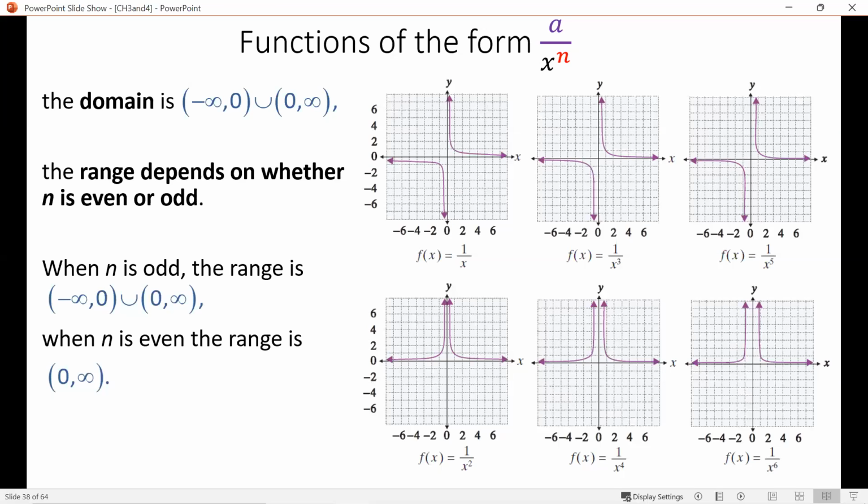Just like when you square stuff, the only thing you can get out is a positive number. So that kind of cuts our range in half. So when n is odd, our range is negative infinity to infinity, excluding 0. And when n is even, our range is 0 to infinity, also excluding 0.